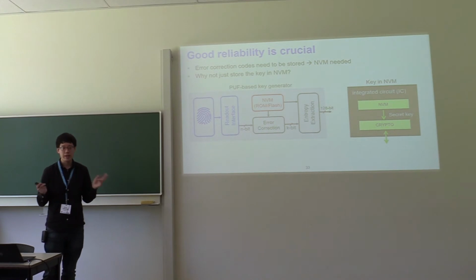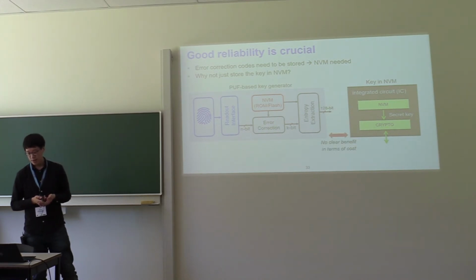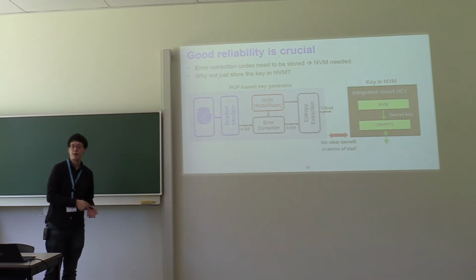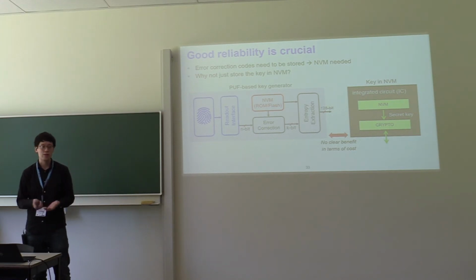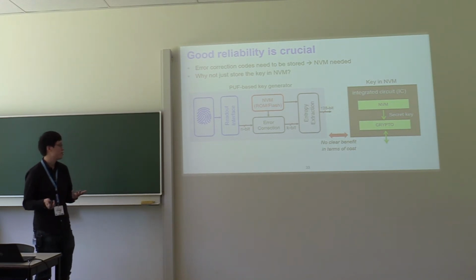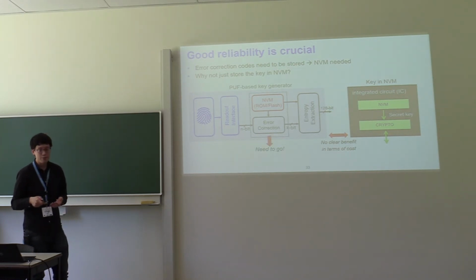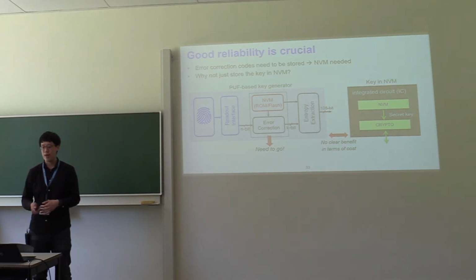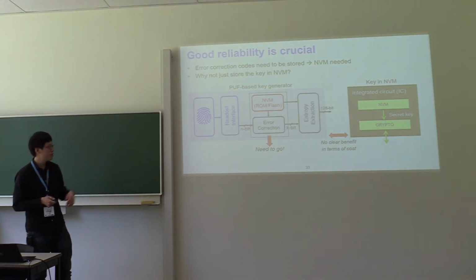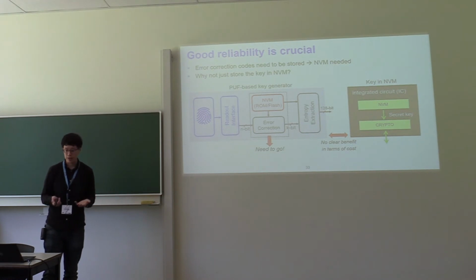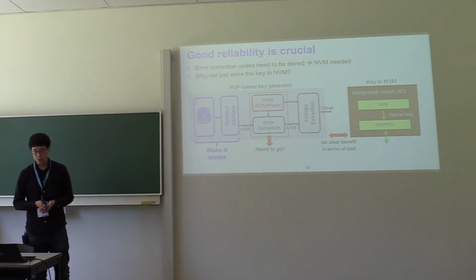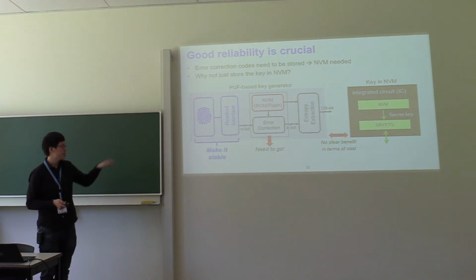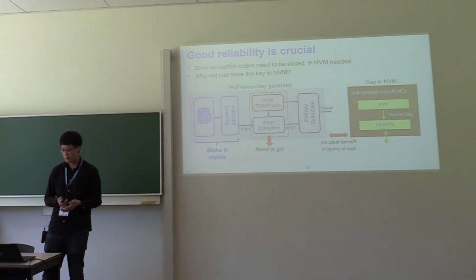If we care about the cost, and you still need a non-volatile memory, then you don't actually reduce the cost of implementing this chip. So if we want to make sure the path is lower cost than the traditional method, then we need to get rid of the non-volatile memory and the error correction. So how can we do it? We have to make the path stable, basically.